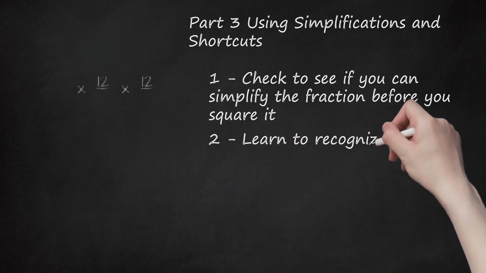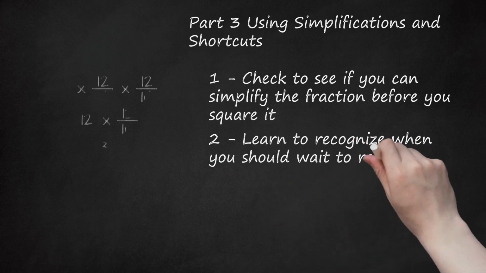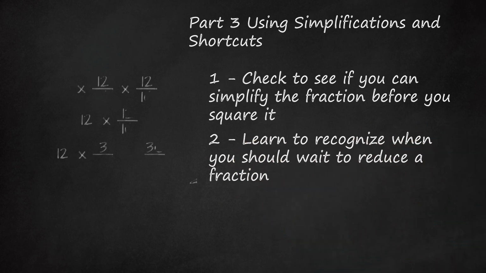2. Learn to recognize when you should wait to reduce a fraction. When working with more complex equations, you may be able to simply cancel one of the factors. In this case, it is actually easier to wait before you reduce the fraction. Adding an additional factor to the above example illustrates this.